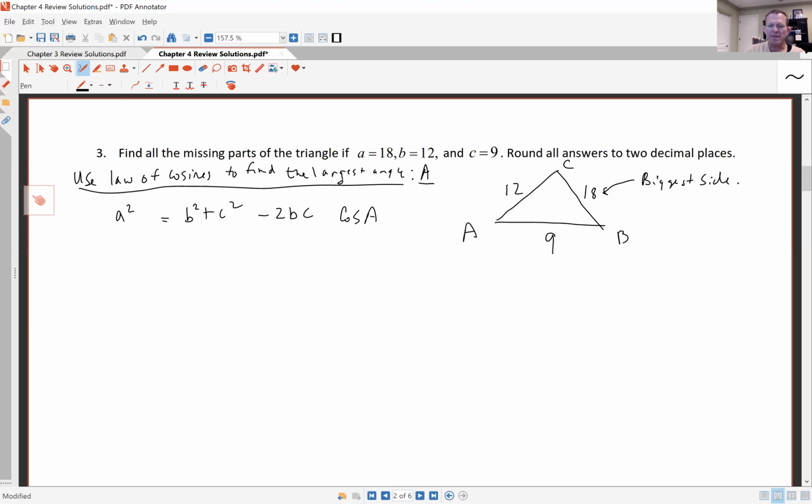Let's manipulate this formula by adding 2BC cosine A and subtracting A squared, then dividing by 2BC. That says cosine A equals B squared plus C squared minus A squared, divided by 2BC. Then we'll just take the inverse cosine of that.